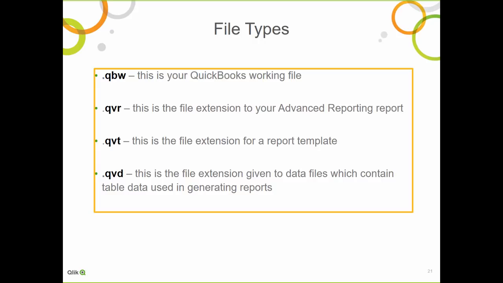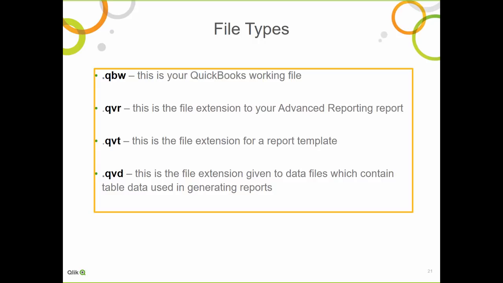The QVR file, this is an extension for your advanced reports that are used when you import and export. So when you export a report from QuickBooks Advanced Reporting, it's going to have a QVR file extension. When you go to import it, you'll be looking for the QVR wherever you stored it.